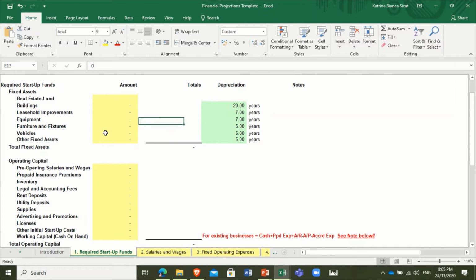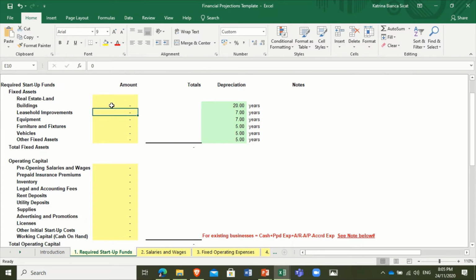So, for example, yung sasakyan na bibili nyo, if it's a delivery van, it's going to be a truck, you have to research also ilang years yung kanyang useful life or most efficient years na gagamitin. Okay? Aside from that, we have improvements, okay?